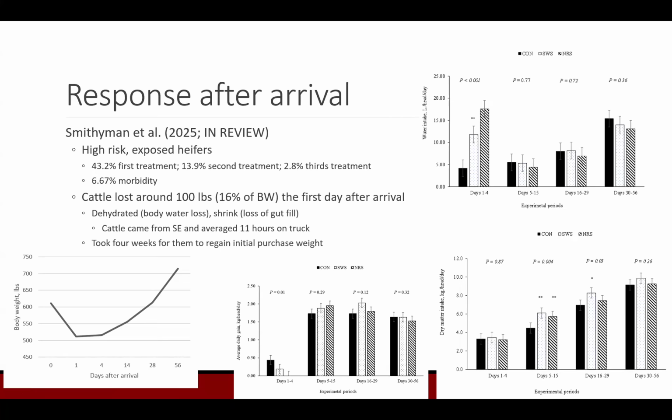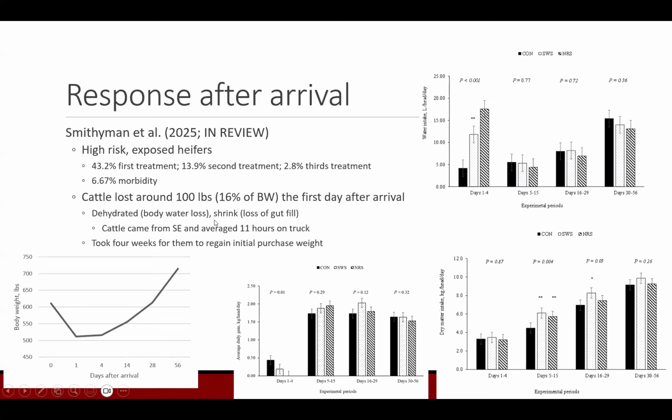So 43% were treated for BRD once. 14% received a second treatment. 3% received a third treatment. And these cattle also had 6.7% death loss. So very high risk heifers, the poor girls.